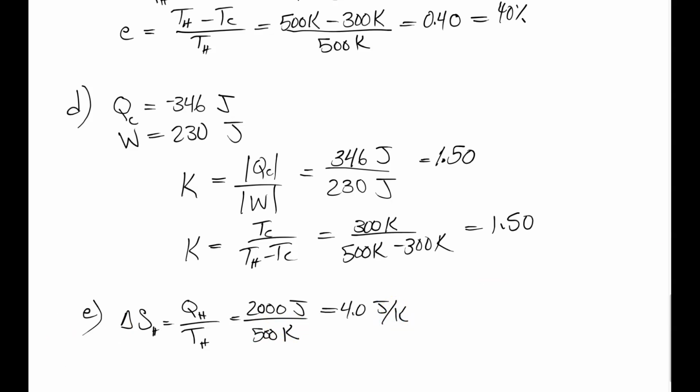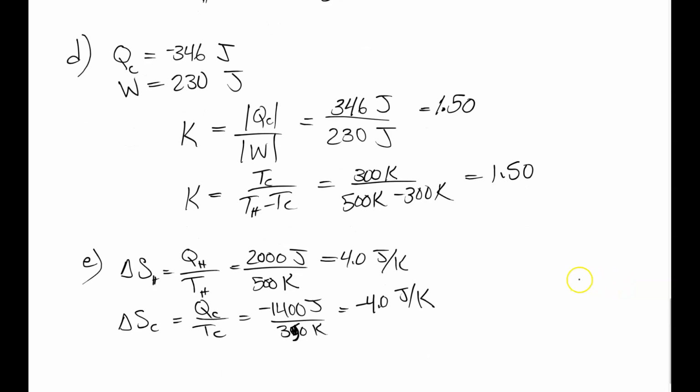And for the low reservoir, delta S_C is Q_C over T_C, which is negative 1400 joules over 350 K, sorry, which is negative 4.0 joule per Kelvin.